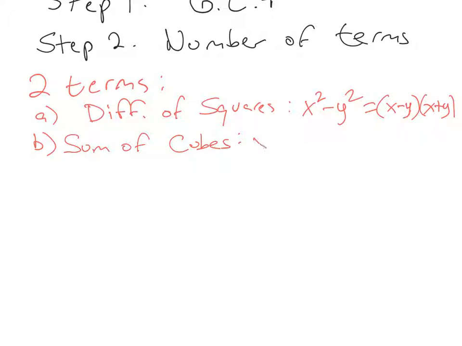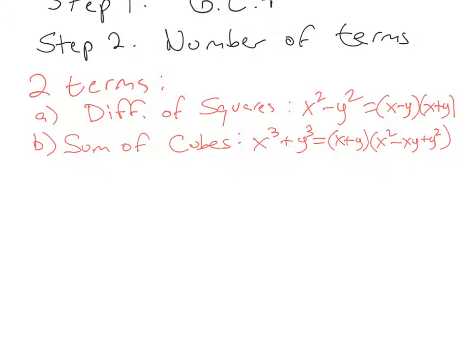And what that looked like is x cubed plus y cubed. I think I stayed away from this one on this quiz, yeah? Yes, you're welcome. So that one was x plus y times x squared minus xy plus y squared. So that's a sum of cubes.